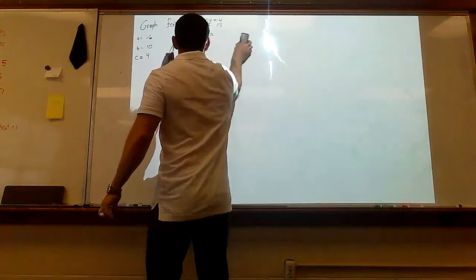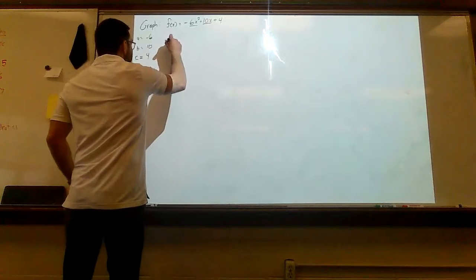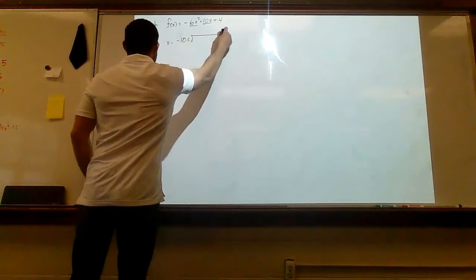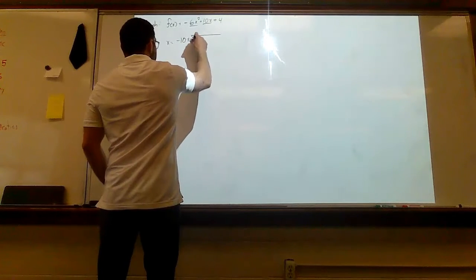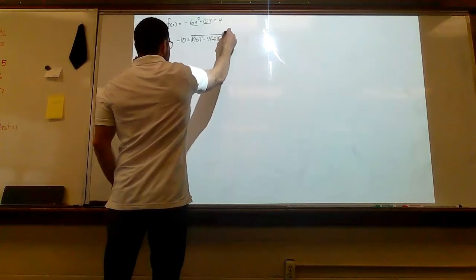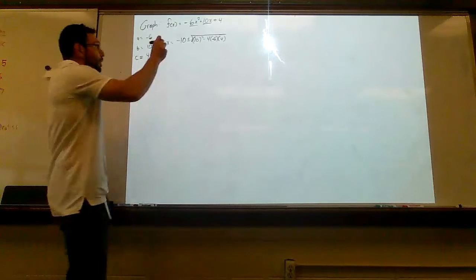So let's try again. I've got my A, B, and C. We know x is equal to the opposite of b, -b, plus or minus the square root of b squared minus 4 times A times C, all divided by 2A. Does everybody agree with this so far?